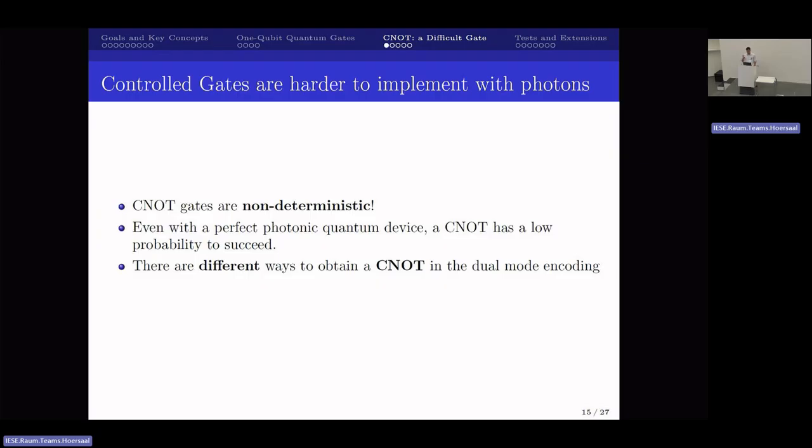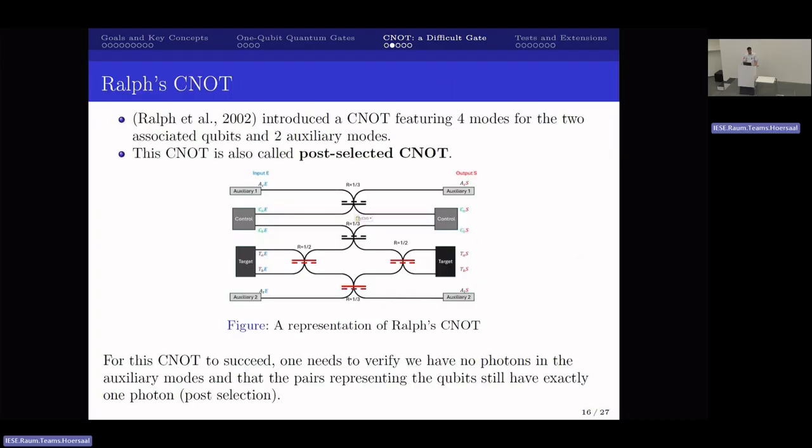And there are different ways to obtain a CNOT in the dual mode encoding, and I will present two of them to you. The first CNOT I want to present was introduced by Wolf et al. in 2002. It's a CNOT featuring 4 modes for the 2 associated qubits, and you have to add 2 auxiliary modes to the circuit.